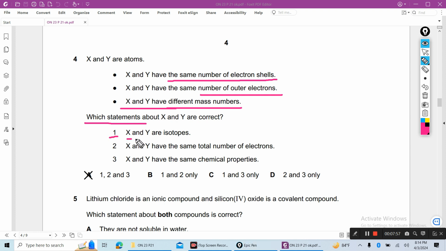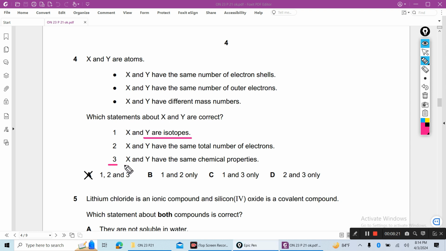1. X and Y are isotopes because mass number is different. This is true. Number 2, X and Y have the same total number of electrons. Yes, isotopes have the same number of protons, so electron number will be the same.